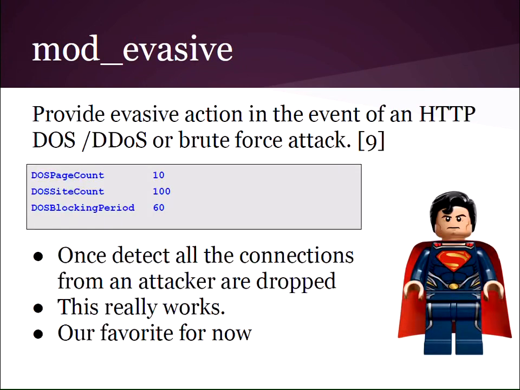This one, ModEvasive, is the Superman. It works well, really easy to set up. The 3 directives, you set it up, it works. If you're going to go with a limiter, this is the one. Easy to build, easy to install, easy to set up.